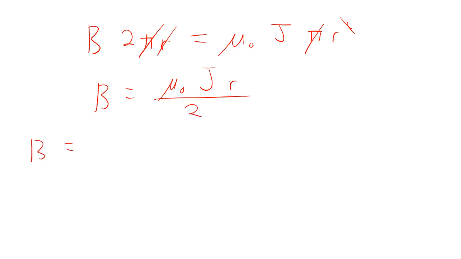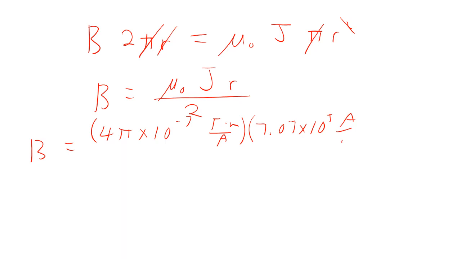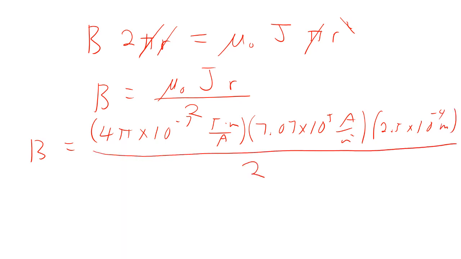So that's going to be equal to 4 pi times 10 to the minus 7 tesla meter per amp, times J, which is 7.07 times 10 to the 5th amps per square meter, times little r, 2.5 times 10 to the minus 4 meters. Remember, you need to have this in SI units, all divided by 2.